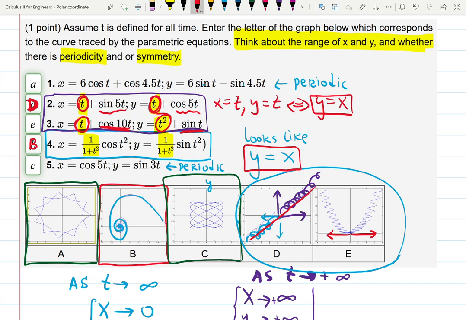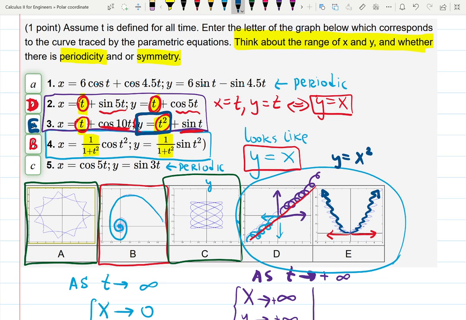So t squared makes y an even function, basically a parabola, right? So I can claim that the second graph looks like y equals x squared. So that's what is happening here. Y equals x squared, because y goes to plus infinity when t goes to plus infinity, and y goes to plus infinity when t goes to minus infinity. So that's how I know that this is E.